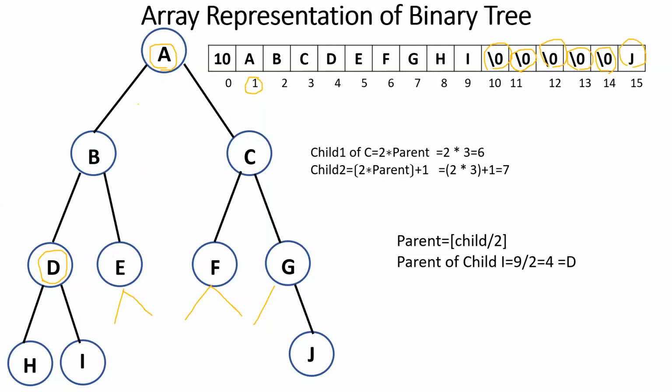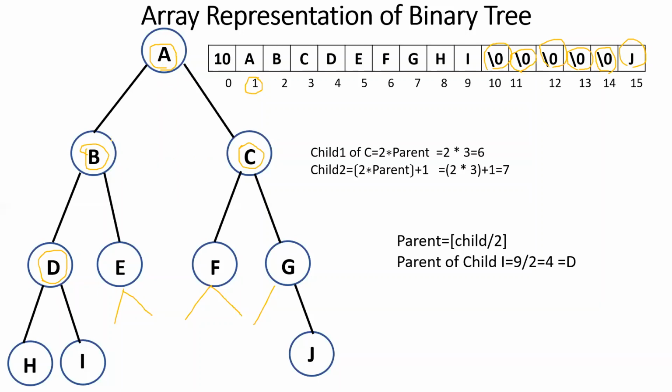So what will be the index of the child element? From the binary tree, we can understand that there are 2 child nodes, B is the left child and C is the right child. The index number where this left child will be stored is given as 2 into the parent. In this tree, A is the parent of the children B and C, right?